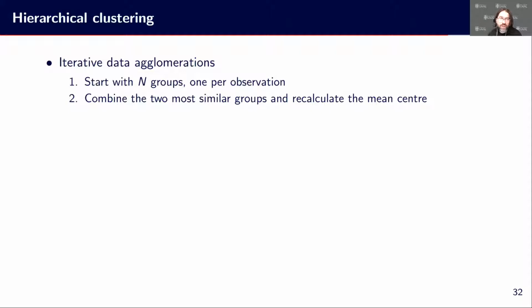We merge the two most similar groups and recalculate the mean center of these fused groups. That means we will iterate about n-1 times, from n groups to one group, and at each step we merge two groups together to create a bigger group.